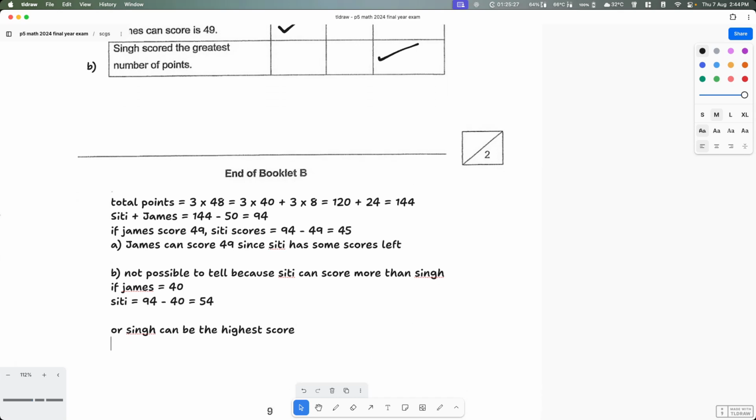Or Singh can be the highest score if James scores 49, the highest score James can score. So at the lowest score, Singh can be the highest score. That means CT is equal to 45.